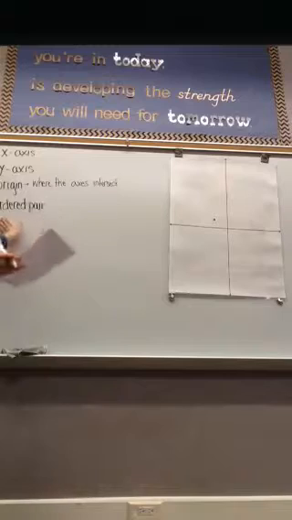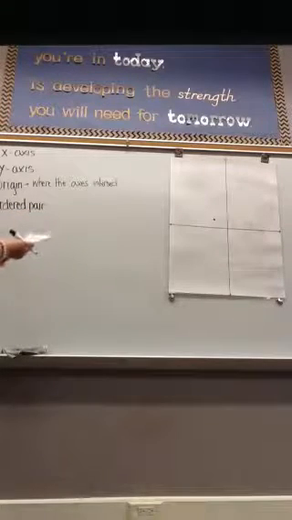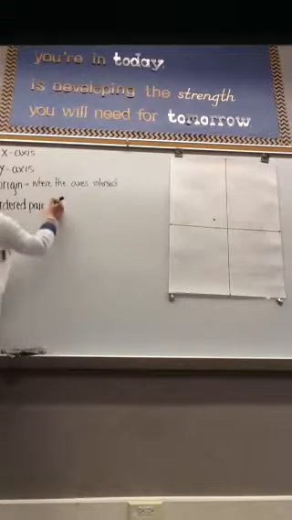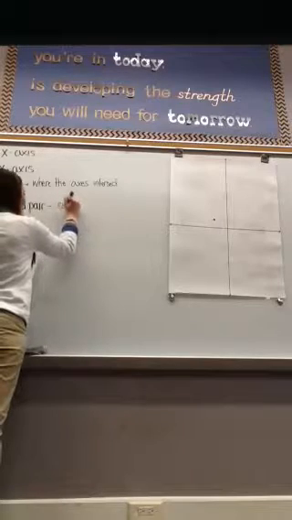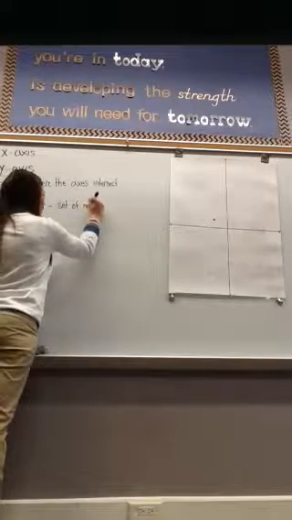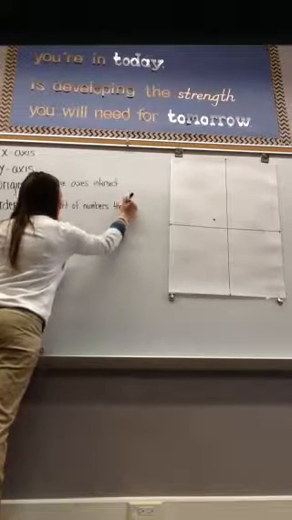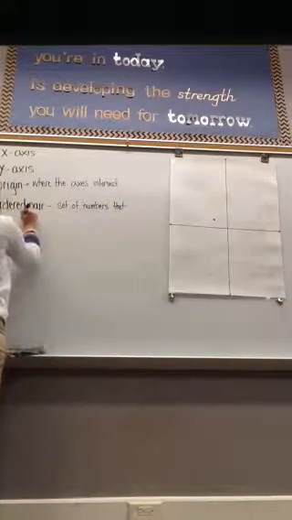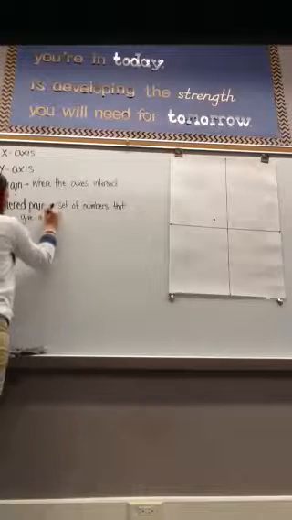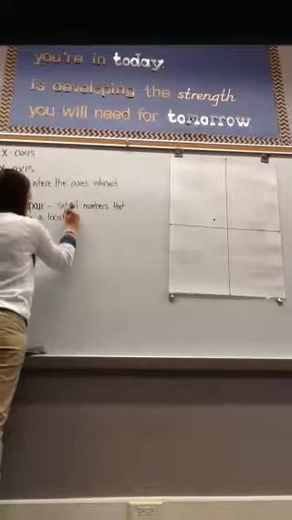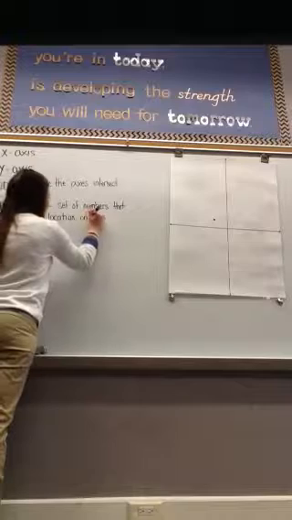So on that blank, you need to write ordered pair. Ordered pair is a set of numbers that give a location on a coordinate plane.